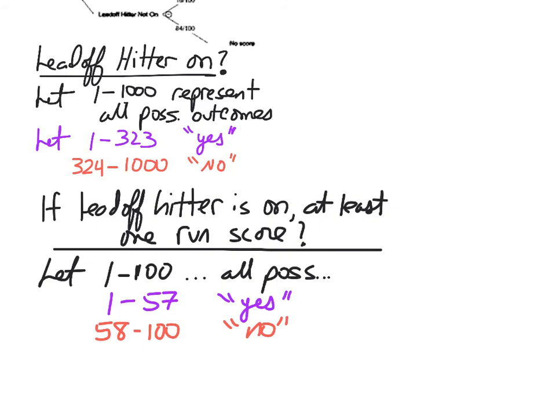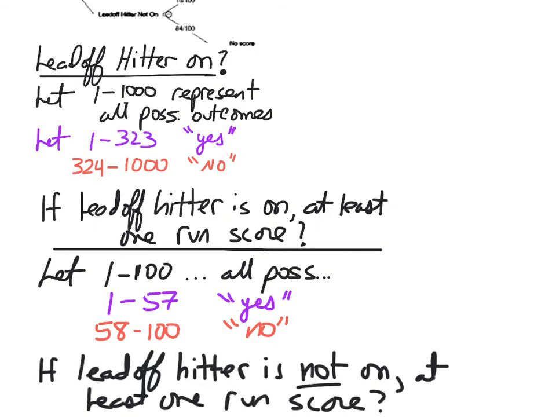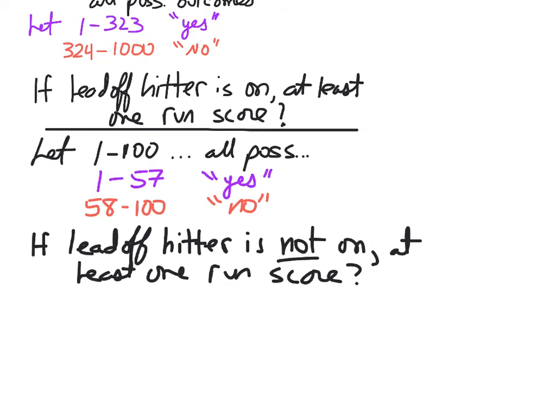But the third layer, well, the second layer, the second part of the second layer. It's a lot of layers. If the leadoff hitter is not on, did at least one run score?